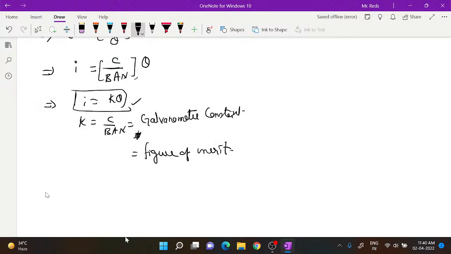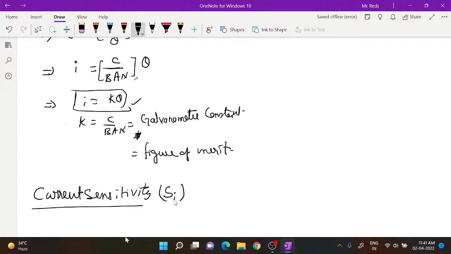Sensitivity can be denoted by different symbols. If we use the symbol S, for current sensitivity we use SI. Voltage sensitivity will come across later, and we will use the symbol SV.